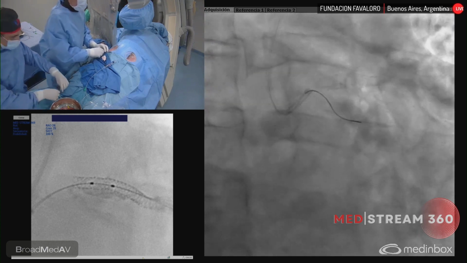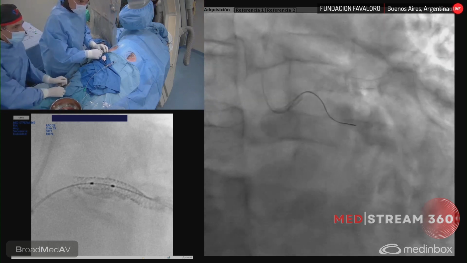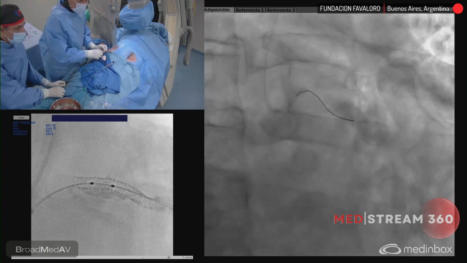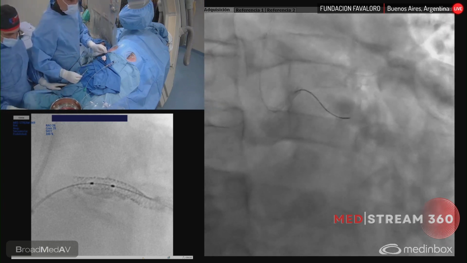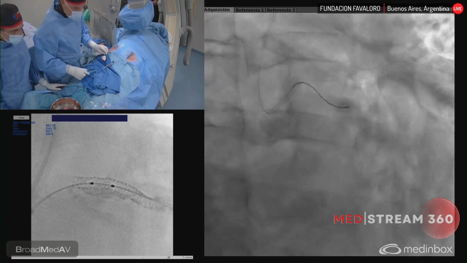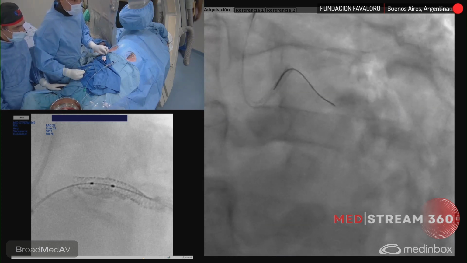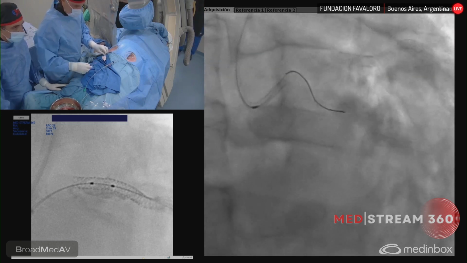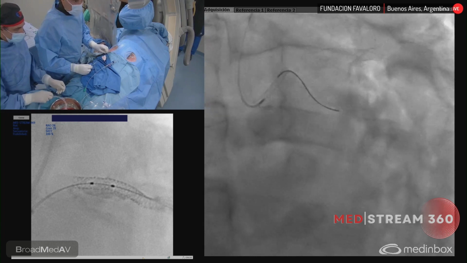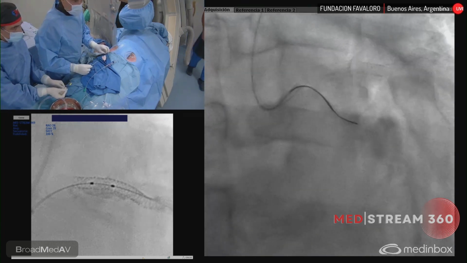Hold the wire when you have it. Okay. I hold the wire. Don't pull. Give me a bit of zoom, please. Okay, better. Give me the cyan blue. You see that the backup of the catheter is awful.